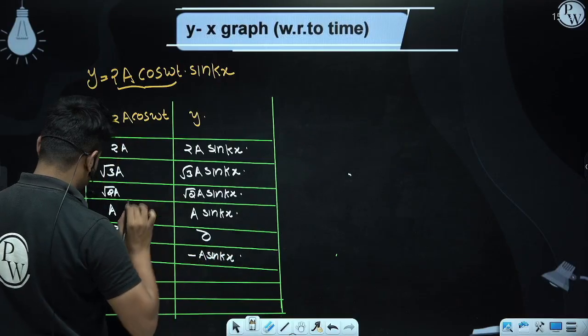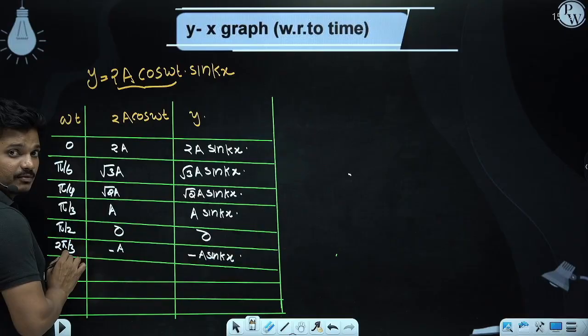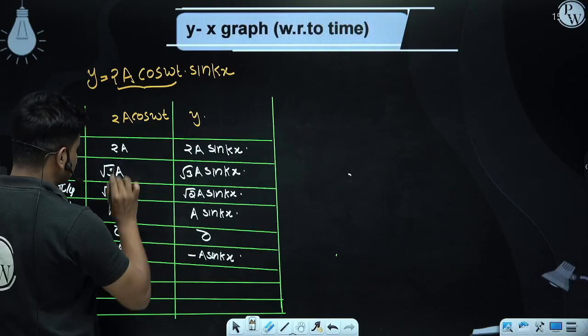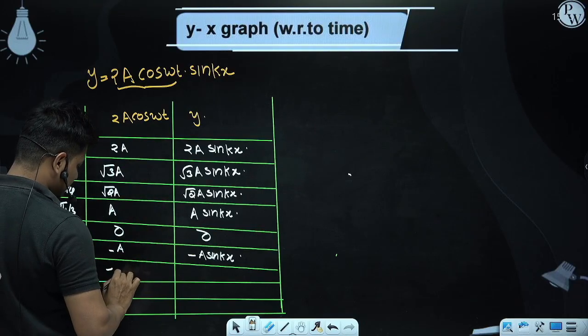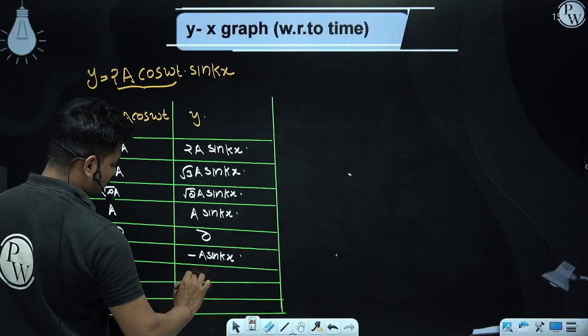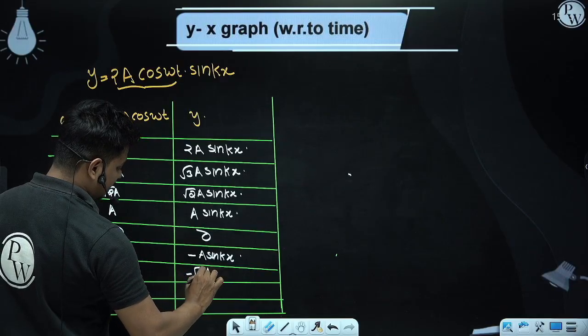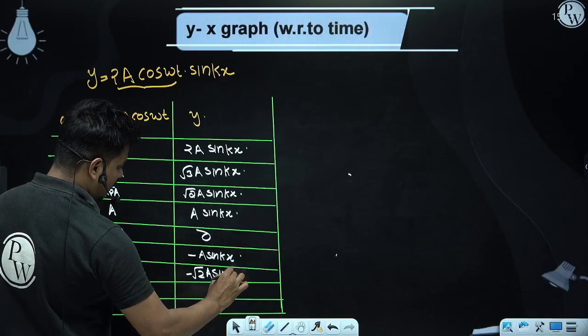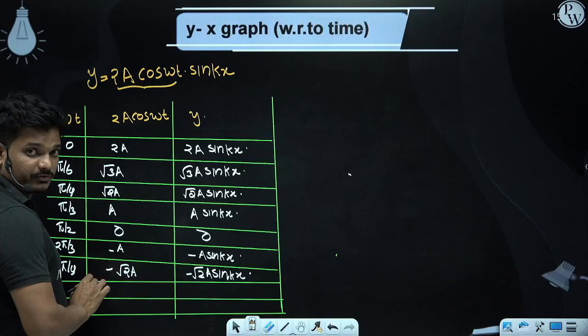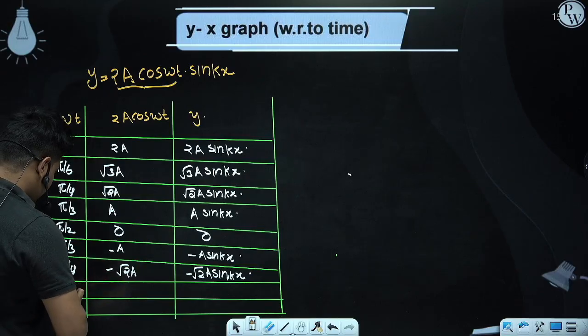The next one is 135, which is 3 pi by 4. Putting this in, we get minus root 2a, so minus root 2a sin kx. The next one is 150, which is 5 pi by 6.